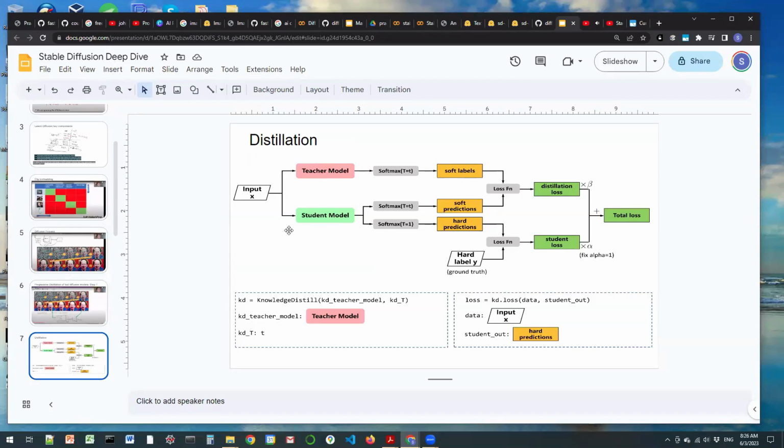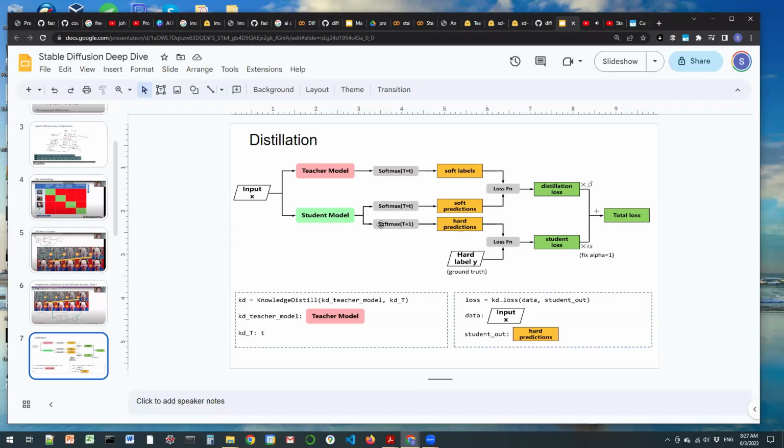Now, what we then do is take a simplified or much reduced model, the student model. We use that to generate predictions on the same data which is input into the teacher model. The teacher model gives us some labels. The difference between them is used as one of the components of the loss, and that's referred to as the distillation loss, multiplied by some constant that we give a value of beta.